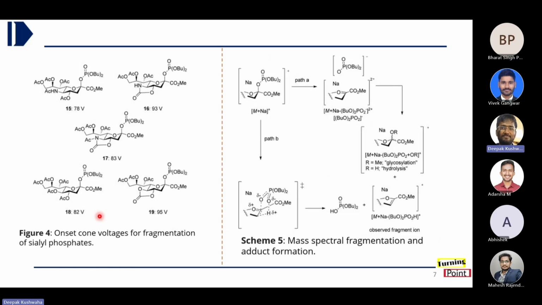It is coming from the same family. Its name is KDN, the keto one, and it is coming from the same family. It has a different role in biology, so sometimes people use this KDN and sialic acid also.